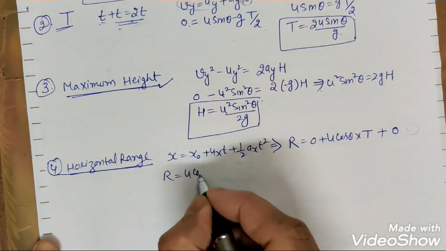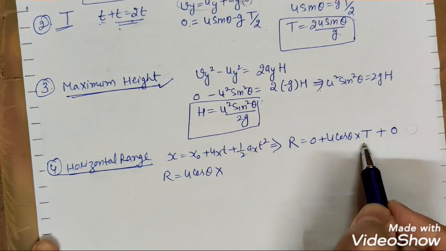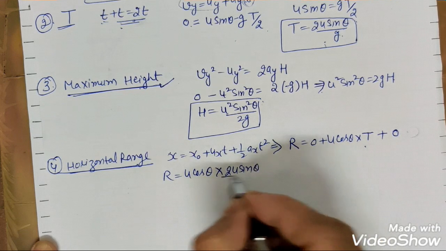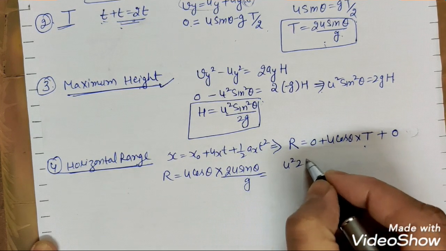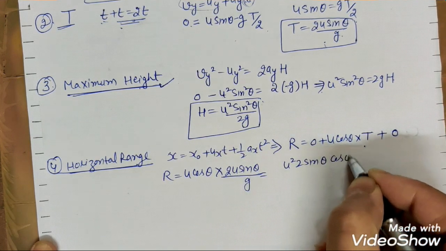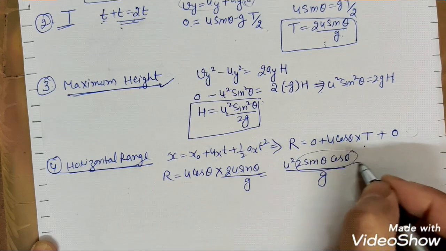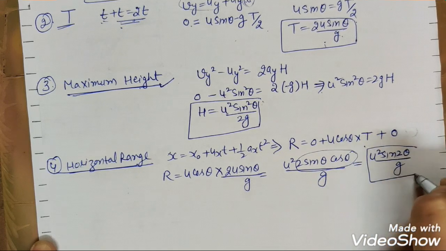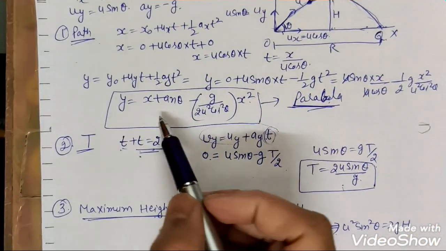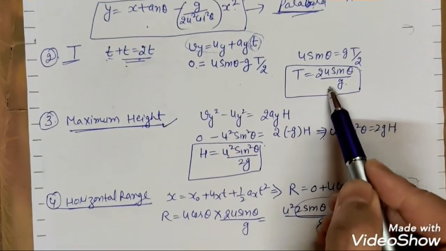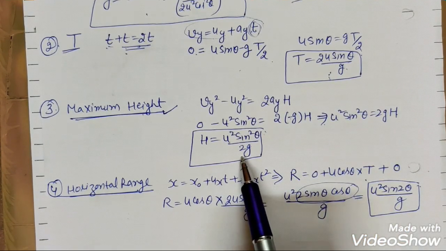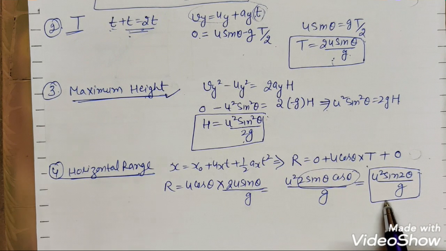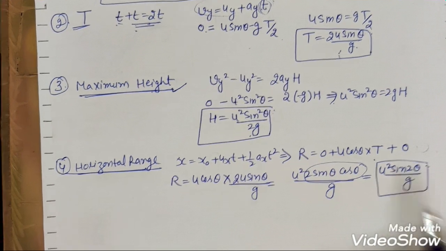So R is u cos theta times t, and t is the time of flight, that is 2u sin theta upon g, so this is u square 2 sin theta cos theta upon g, and with the trigonometric identity, that is u square sin 2 theta by g. So we have the parabolic path, time of flight for angular projection, maximum height for angular projection, and this is called the horizontal range for angular projection.